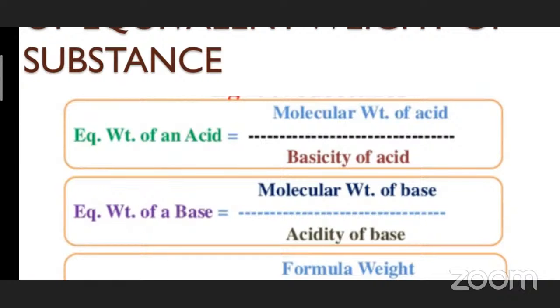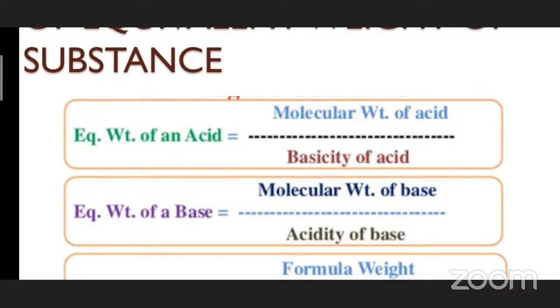Yesterday I told you to learn the polyatomic ions. So what is the sulfate ion? SO4 minus 2. We get this sulfate ion when sulfuric acid undergoes ionization, giving 2 H plus ions. That means the basicity of sulfuric acid is 2.